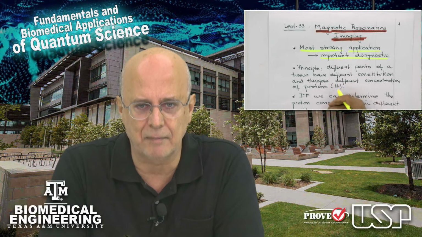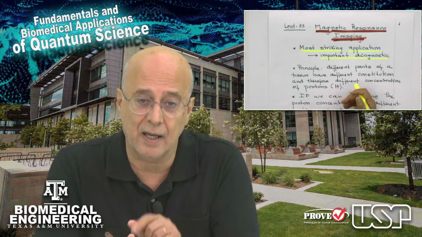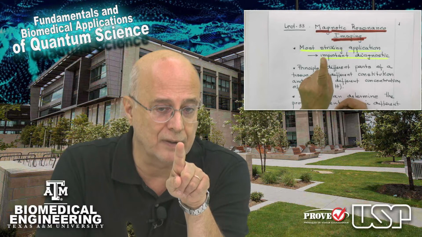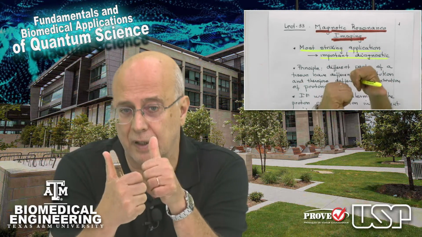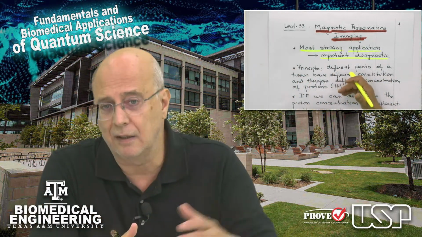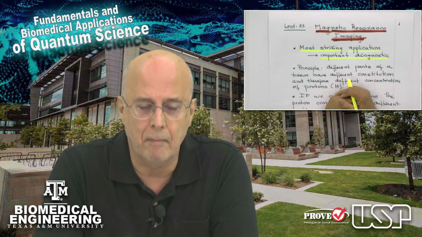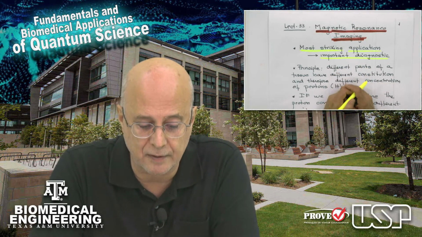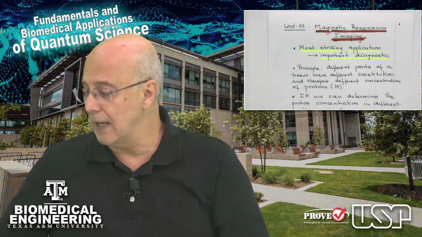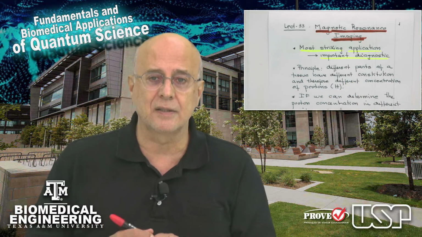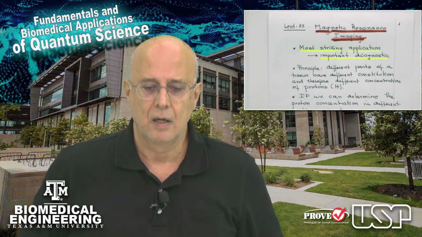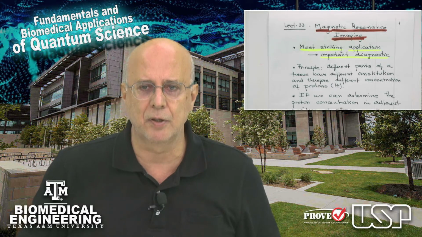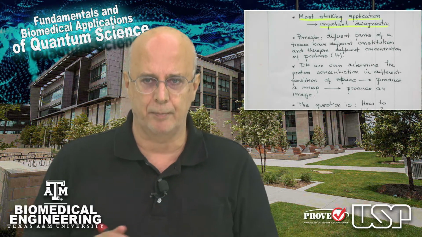And we can do it three-dimensionally, because you're going to see that I can produce a gradient of field in one direction that I can put in the other, or cycling gradients of fields, and then map the resonances that I have. That's very important. So let's see how this works. How does magnetic resonance imaging work? What is the principle?